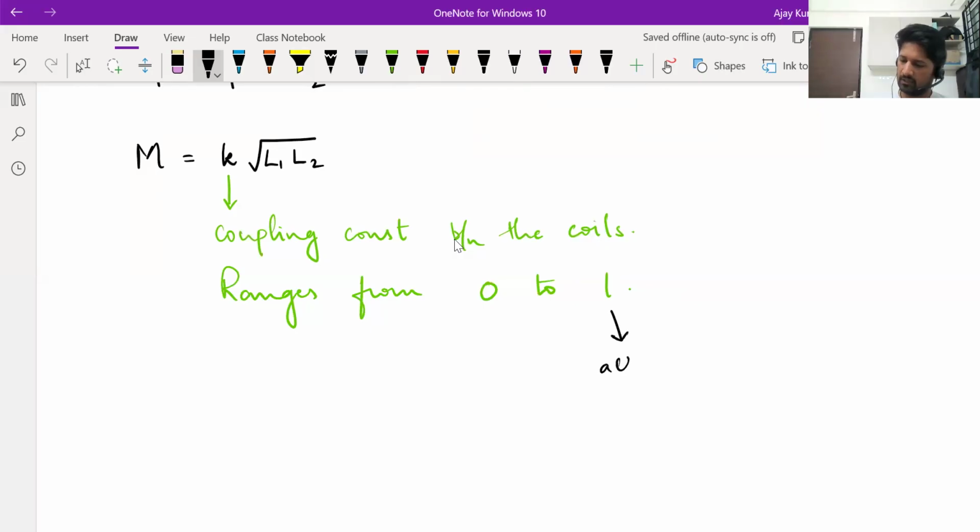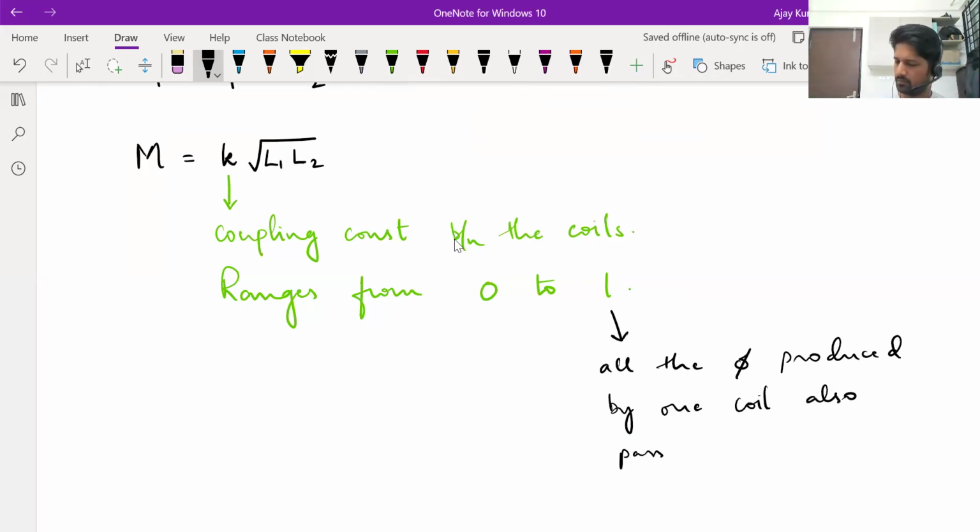That happens when all the flux produced by one coil also passes through the other coil. That's a case of perfect coupling, and in that case, K will be equal to 1.